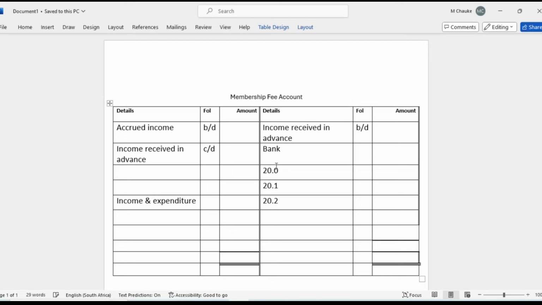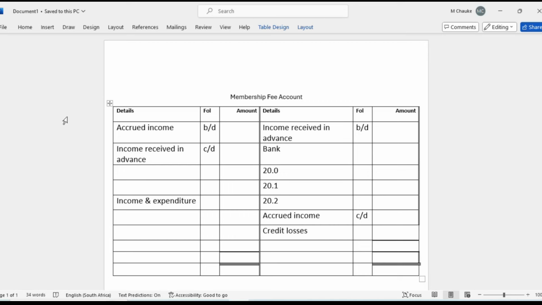Okay, and then now from here we will have our accrued income at the end, which is going to be accrued carried down. Okay, and then we'll have credit losses, which is your bad debts, credit losses.